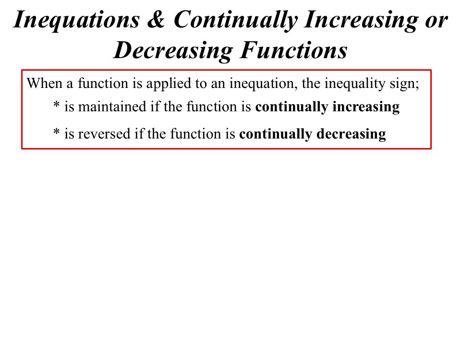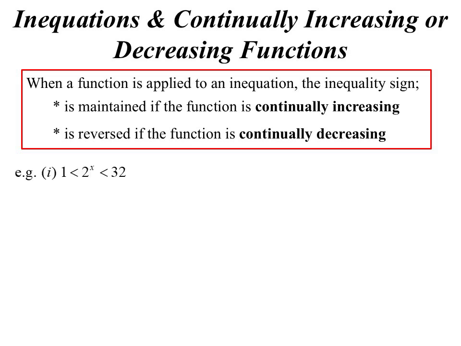When I put 1 on x into this function, I get x. And when I put 3 into that function, I get a third. But the function y equals 1 on x is continually decreasing. So therefore, the inequality sign changes. That's the real reason why, when we take the reciprocal, it changes. We're actually applying that function.